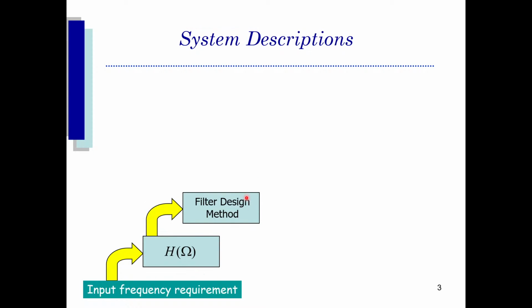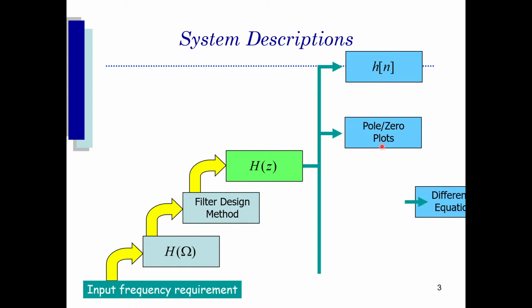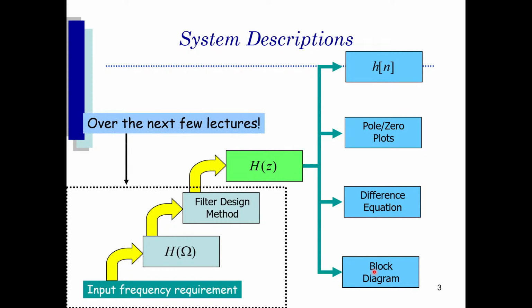You apply the filter design here. We want to make sure that our system filters out unwanted frequencies and can accept the correct frequencies. We then transfer this into H of z, since we're dealing with discretized time systems, we need a z equation to represent this. And then this H of z can be represented back into h of n, a pole zero plot, a difference equation, or a block diagram in particular.